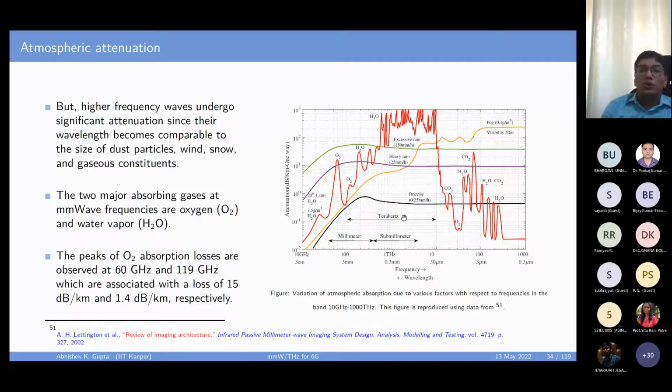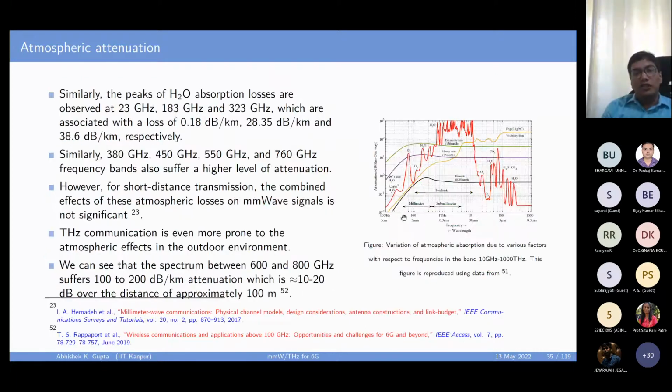So as you increase the distance, the attenuation increases linearly. Similarly, you can observe other peaks in the terahertz band, and sometimes at some particular bands, the attenuation can be really large. So you have to choose those bands in between where the attenuation is relatively low.